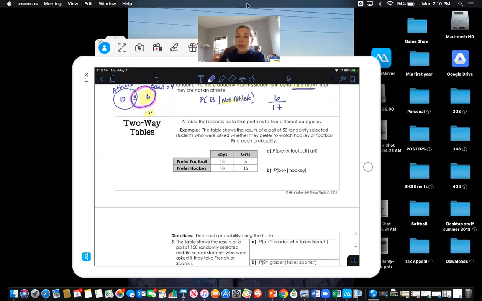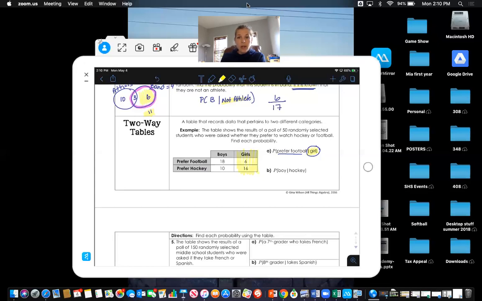Looking at your table, it has different categories. We have 50 randomly selected students who are asked if they prefer to watch hockey or football. Find the probability, question A, that they prefer football given that they are a girl. If we are given that they are a girl, that means we are only allowed to look at our girls.